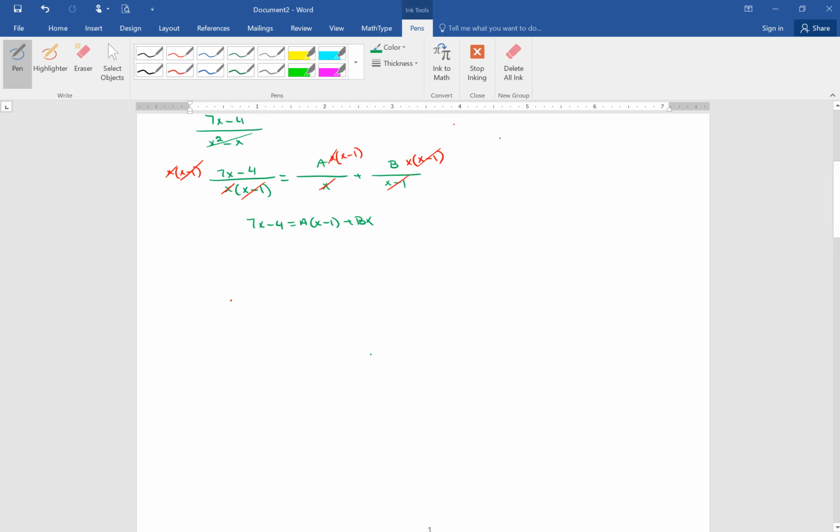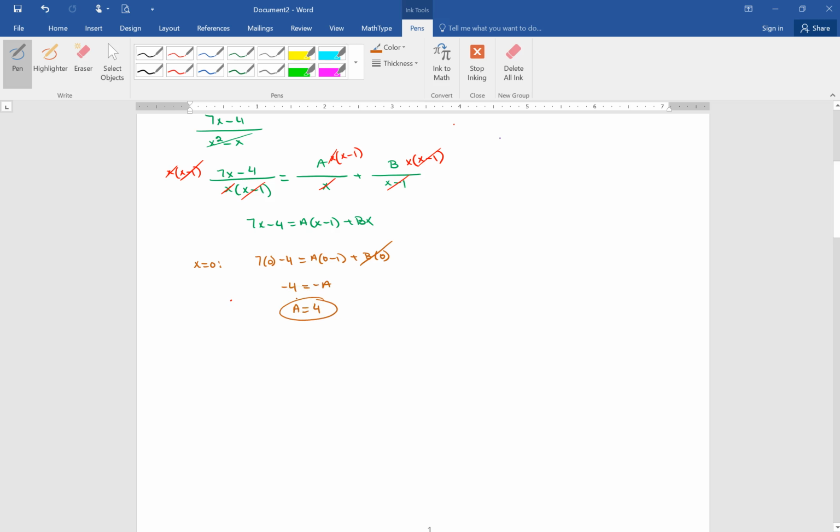All right, now I'm going to do the same thing. What number can I choose to make b go away? 0. And by the way, you don't have to do b first. It's totally your choice. So let's pick x equals 0. I get 7 times 0 minus 4 equals a times 0 minus 1 plus b times 0. That is just 0, so it goes away. Negative 4 equals negative a, so a is 4.